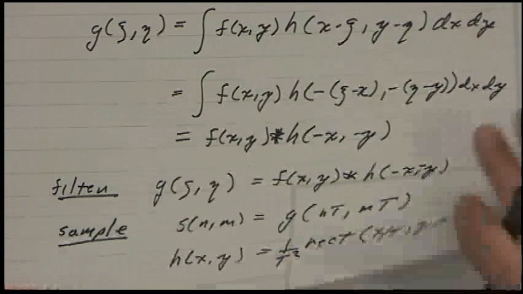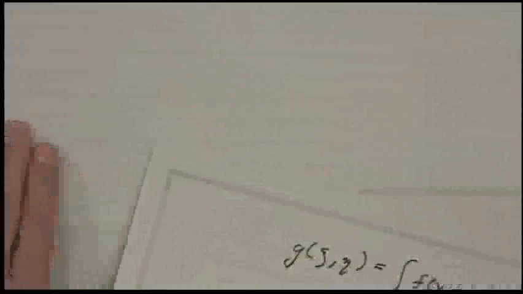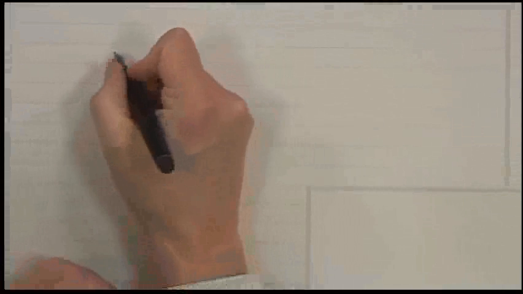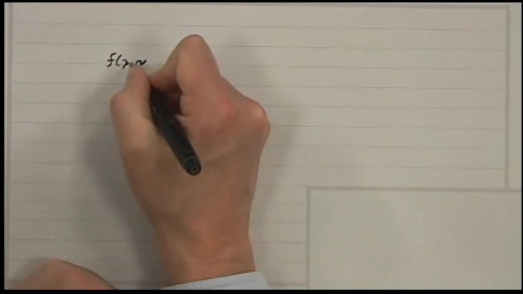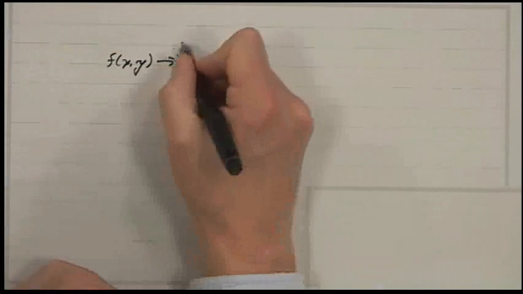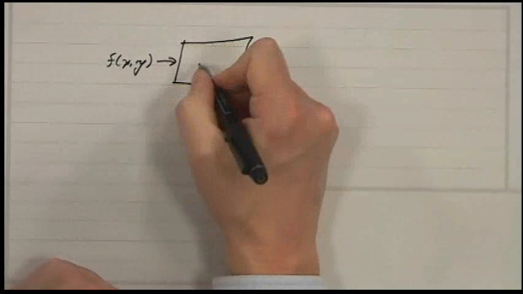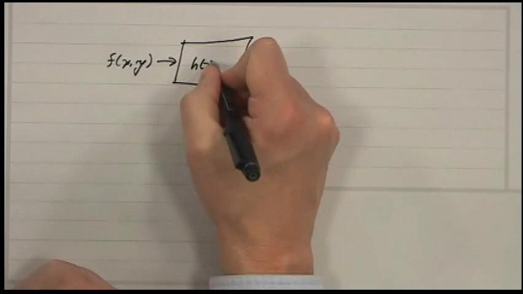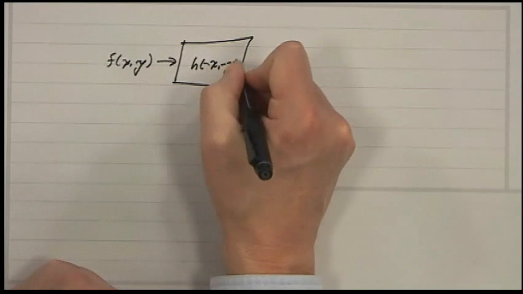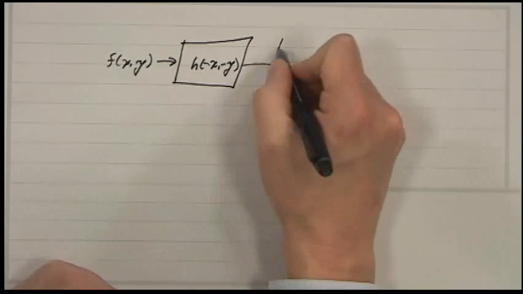So the effect of an imaging sensor like this is really you take the image f of x, y, you pass it through a filter h of minus x, minus y, then you sample.